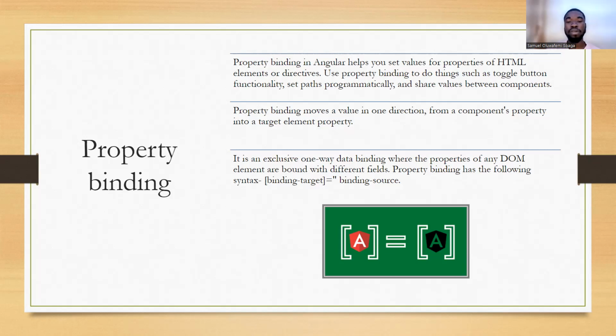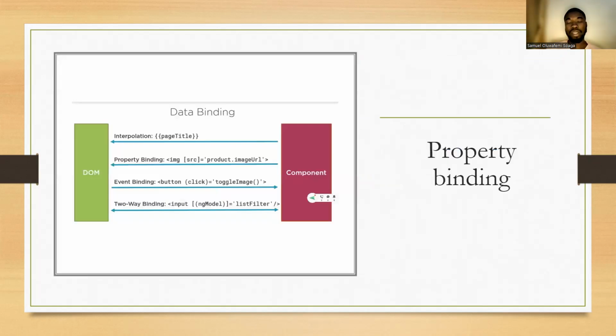Property binding has the following syntax: the binding target and the binding source. So we're binding a property, say an image or an attribute or something. That attribute must be written in the angled brackets, and we set that value to the binding source.